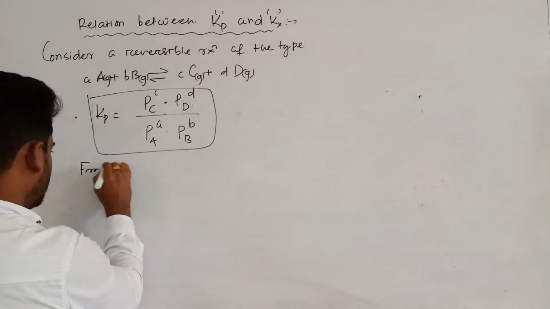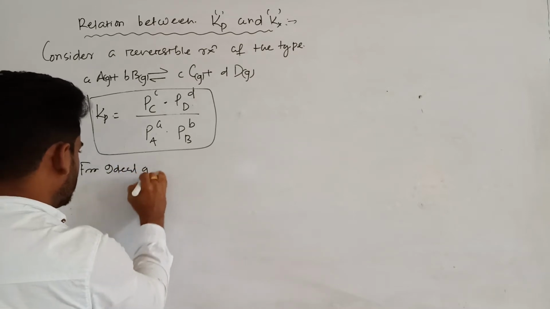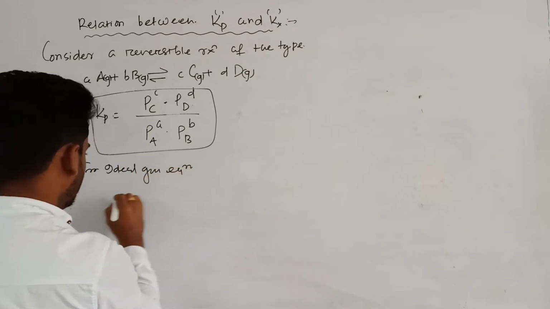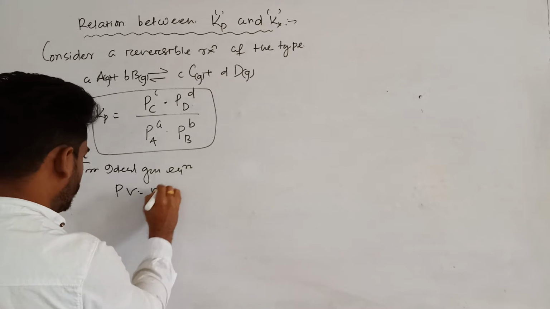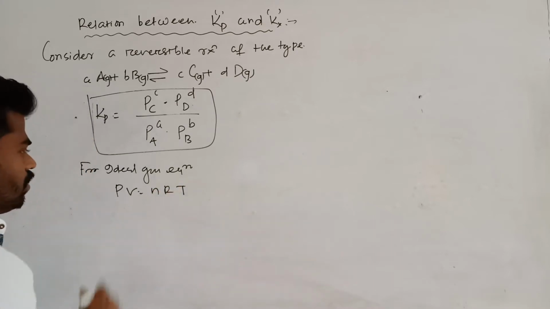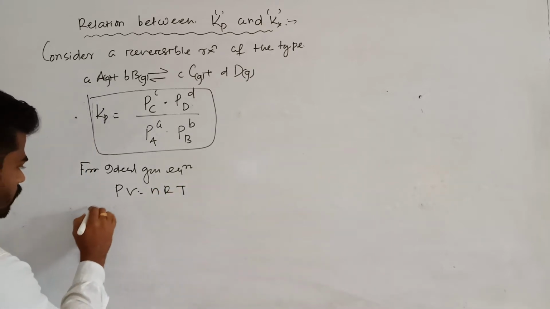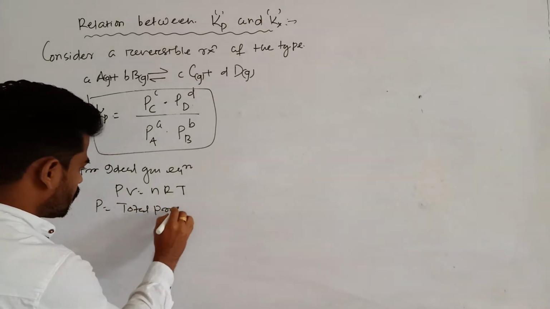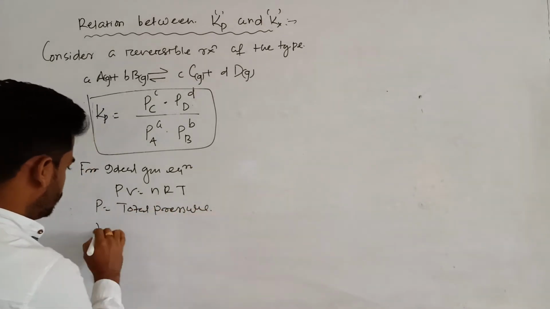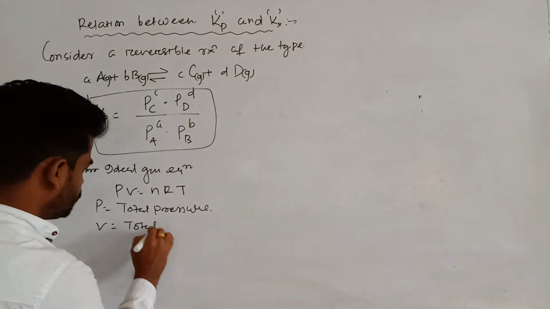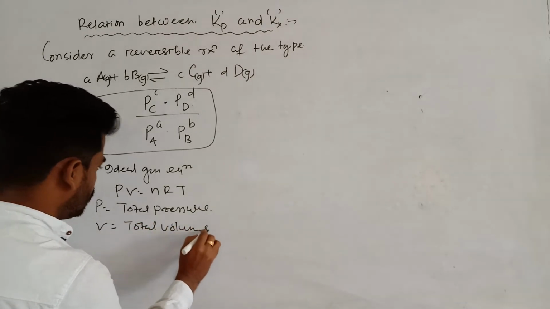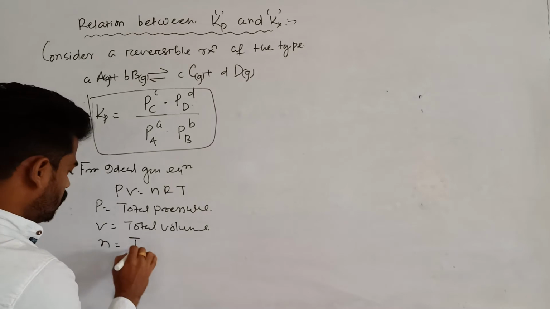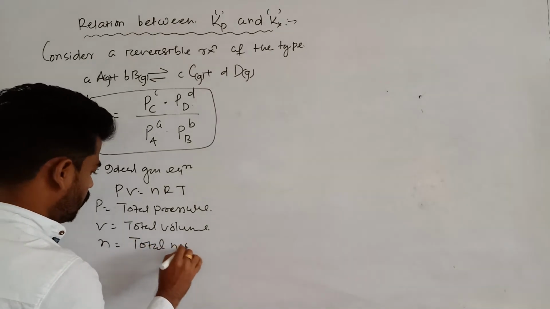From the ideal gas equation, you know PV is equal to nRT, where P is the total pressure, V is the total volume, and n is the total number of moles.